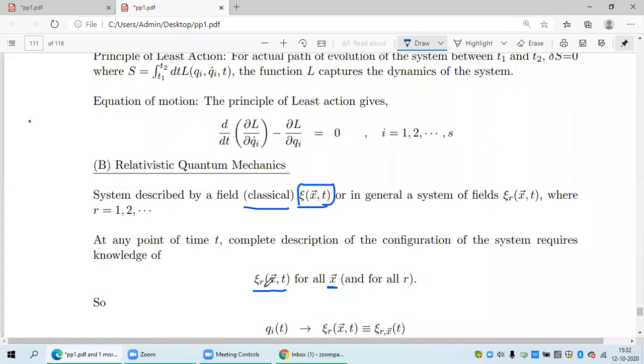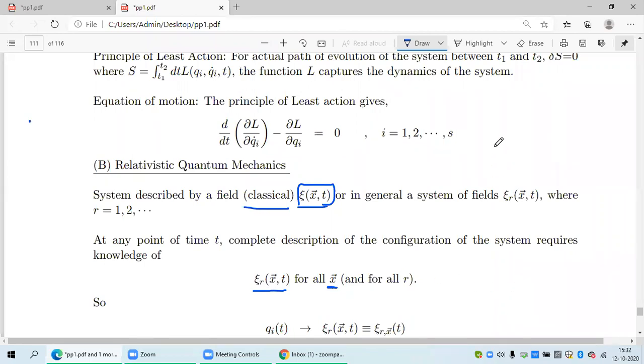Now there may not be any single function. There may be 2 or 3 or more functions associated with the description of the field. So I put the index R, which means R can be any finite number, 1, 2, 3, 4, 5, so that there are 5 fields which represent the system.